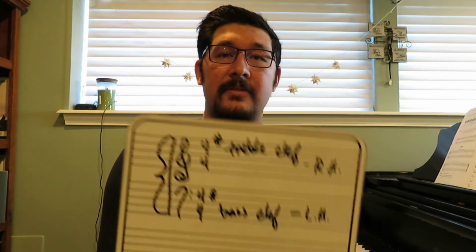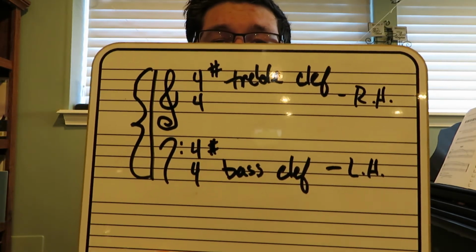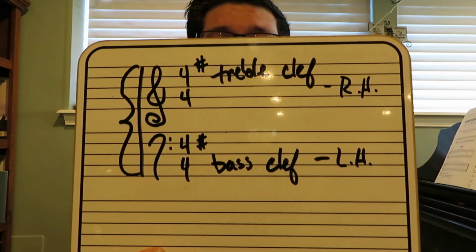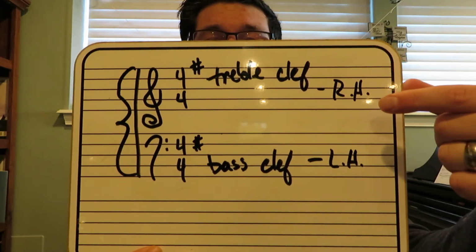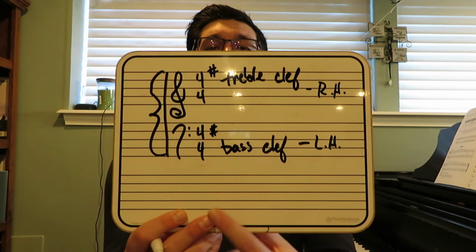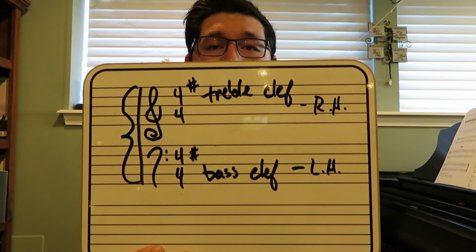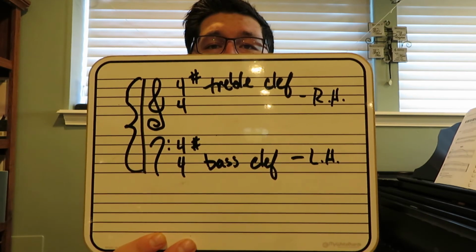So whenever we see notes written on the very top staff, we know that they will always, always, always, without fail, be played with our right hand. As we can see, the abbreviation for right hand, abbreviation for left hand, RH, LH. Likewise, if we see notes written on this bottom staff, we know that they will always be played with the left hand.